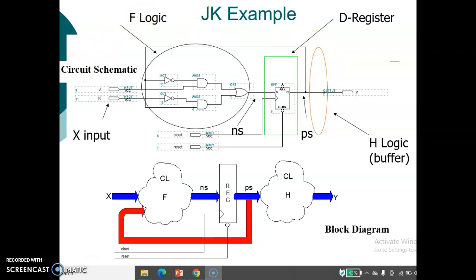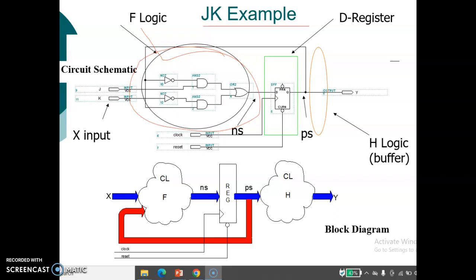In this JK example, we have already seen this side, this is the F logic. Total circuit schematic. The circuit schematic of the JK F logic.